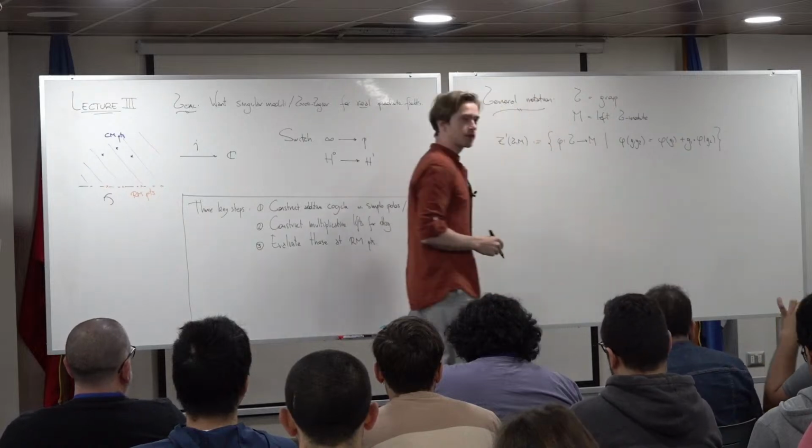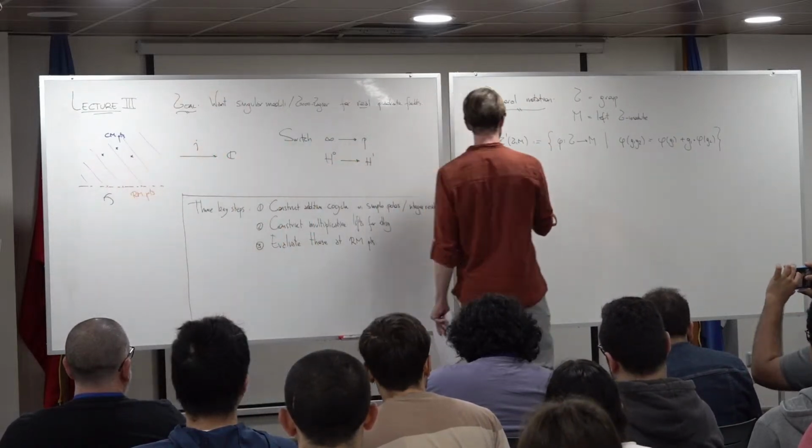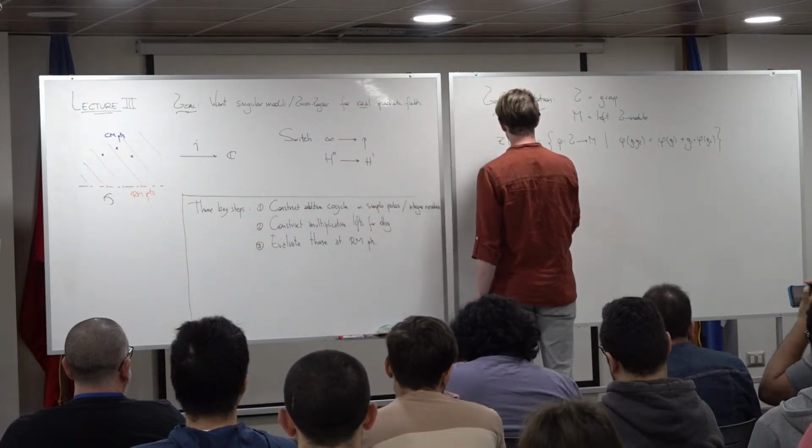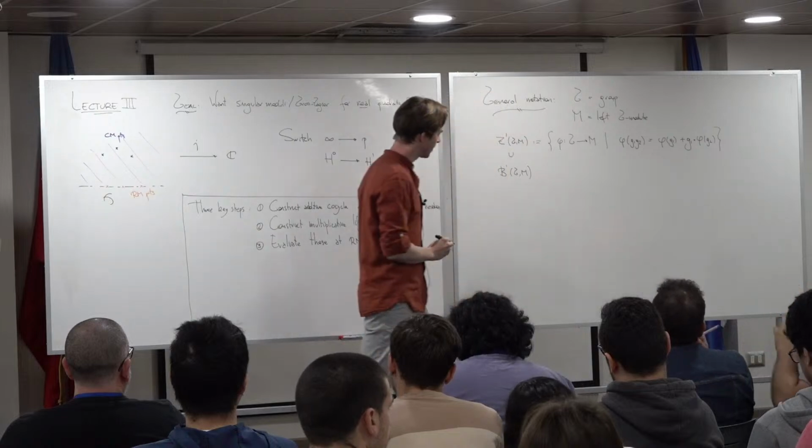Now, how do you construct such a 1 cocycle? Let me tell you a particularly easy class of 1 cocycles that's very easy to construct. Those are the so-called co-boundaries. They sit inside of there.